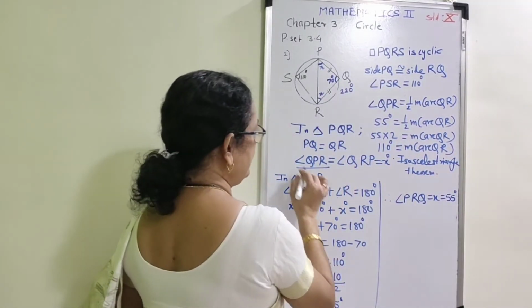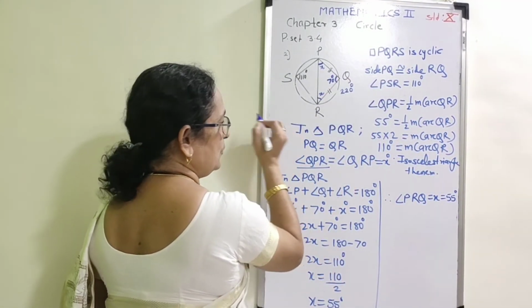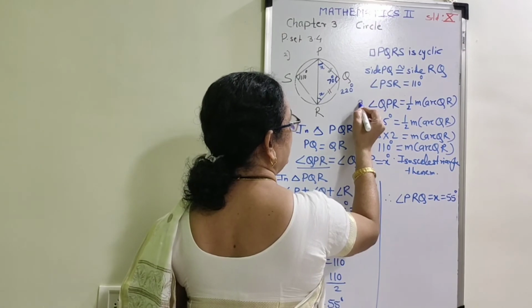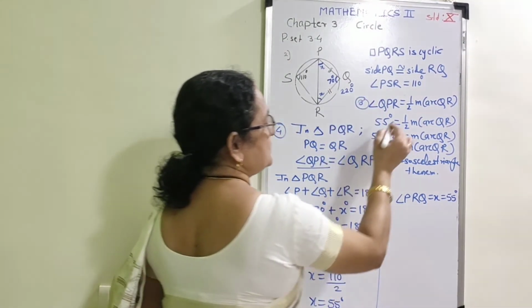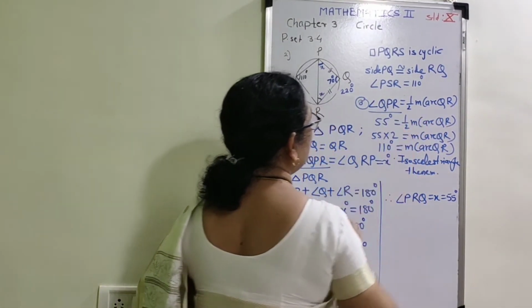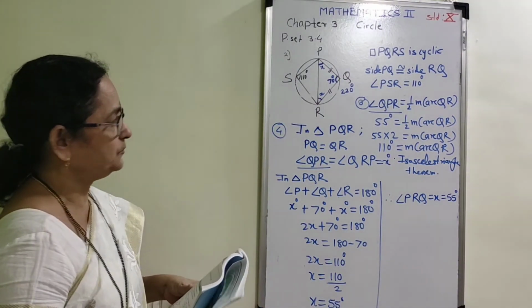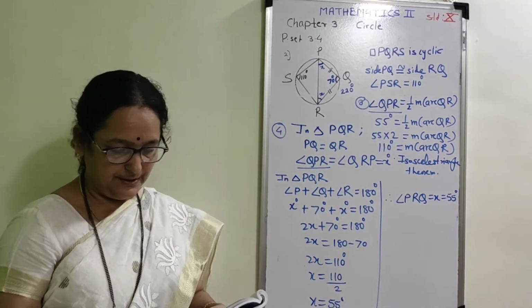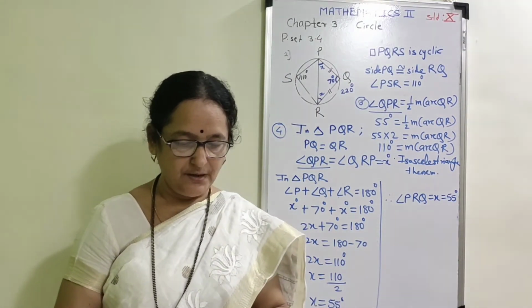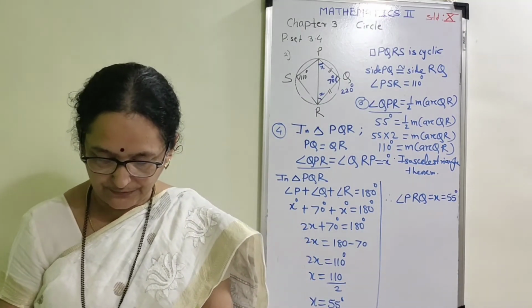Here we have completed first of all question number 4 and then we have completed question number 3 since we know the measure of angle QPR. Here we have completed our second example from practice set 3.4.